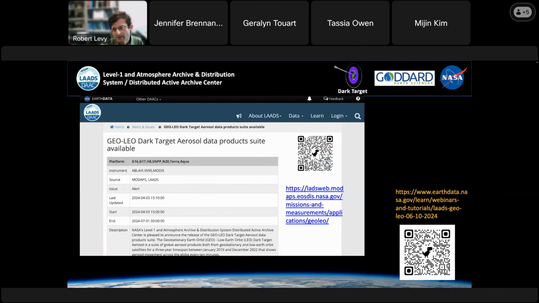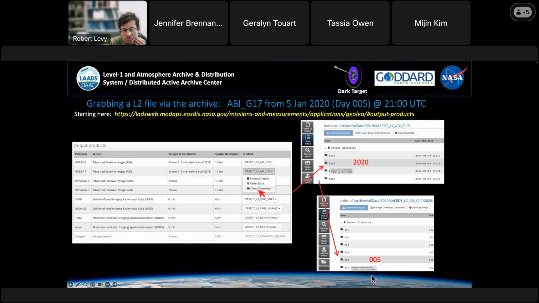And so now we'll get into some of the data itself. We'll go over a little bit with the actual getting the data, but this is just the entrance page to the GEO-LEO dark target aerosol products. And I just did this on my own, clicking along. I was interested in the same image that I just shared, which is January 5th, 2020.